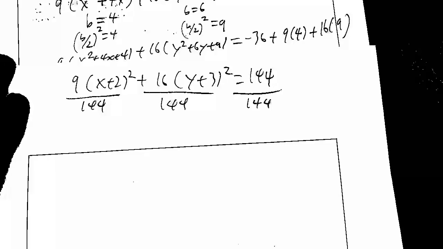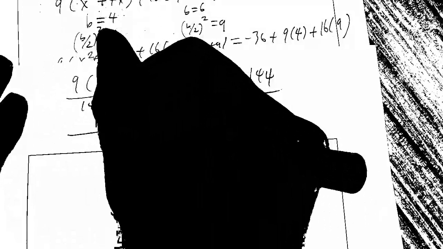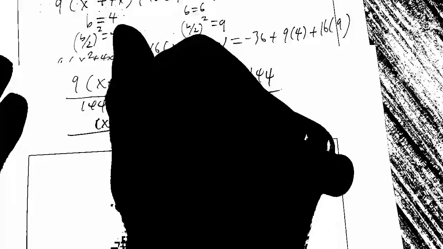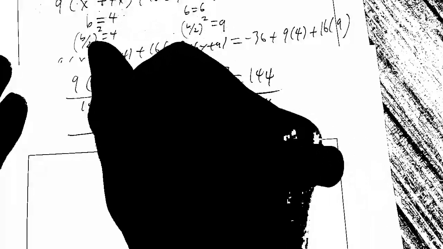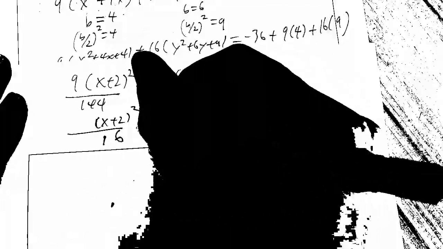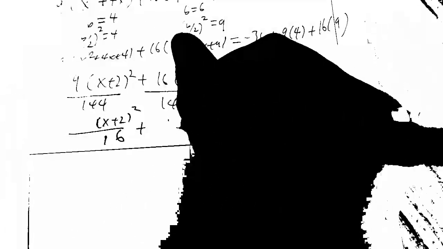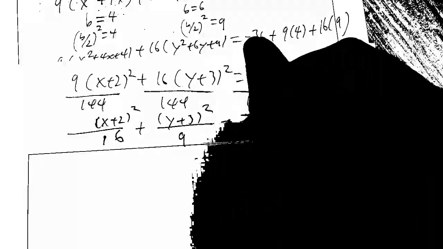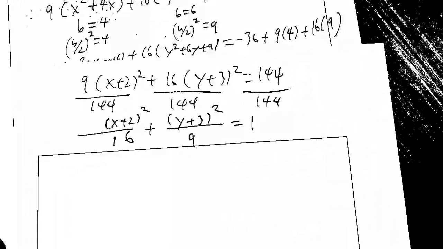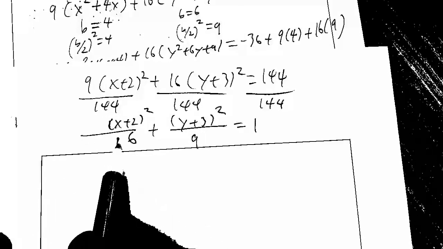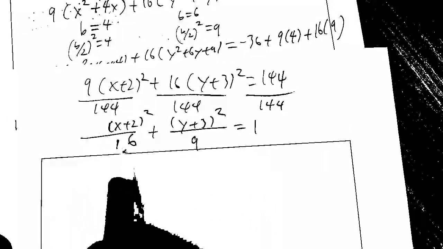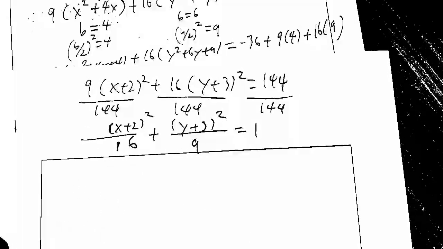So this is the same as (x plus 2) squared over 16, and this is the same as (y plus 3) squared over 9. And this is 1. Because 144 divided by 9 is 16, and 144 divided by 16 is 9. These will always come out nicely, and you'll always have a 1 on top.